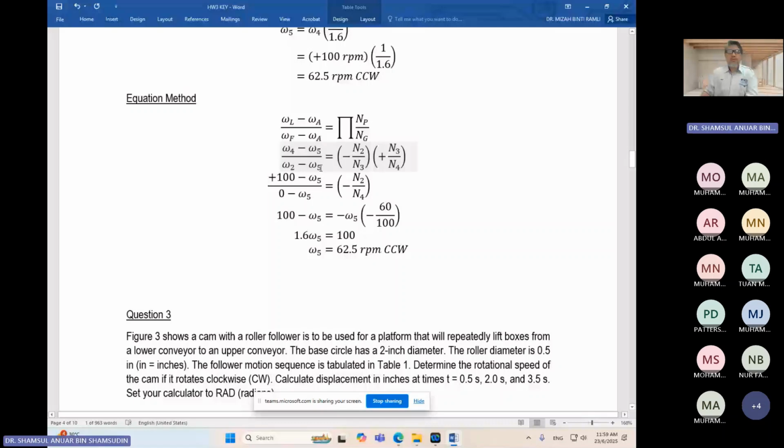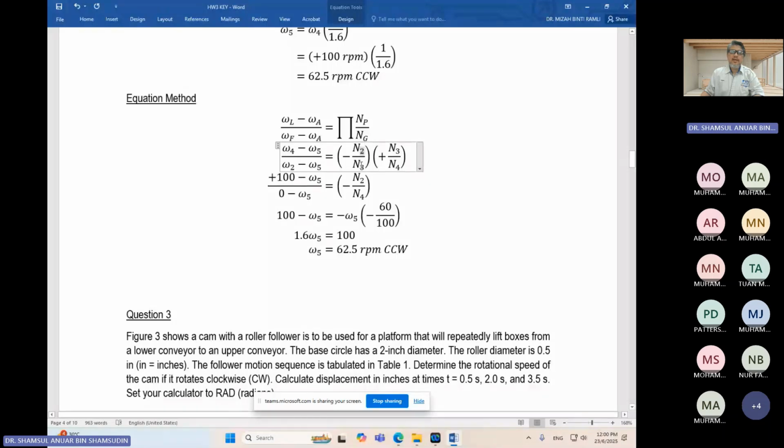So if you put gear 2 on the bottom on the right hand side, gear 2 must be on the top. So from the pinion, gear 2 as pinion, go to gear 3 as the gear.